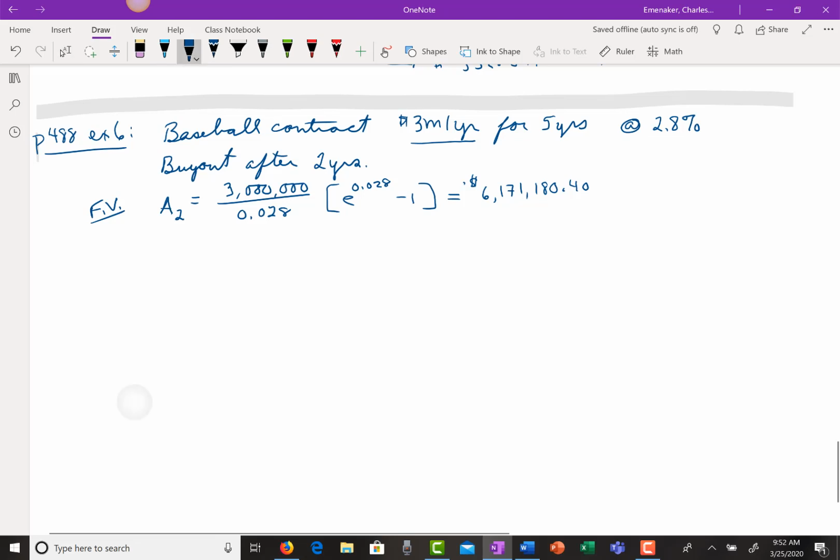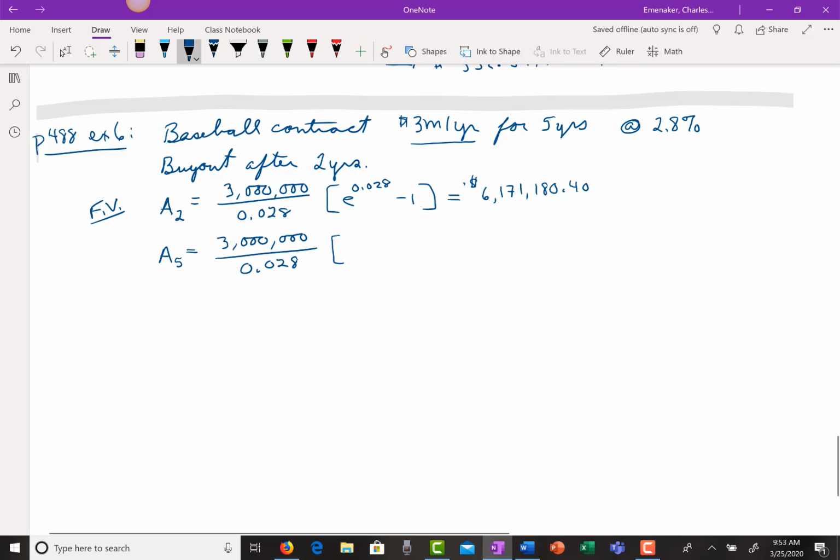Then we're going to look at the accumulated value of the entire contract. We're going to compare what the entire contract is worth to what they've already been paid, taking into consideration how much it will be in total at the end of the 5 years. Bet you didn't think baseball involved calculus.